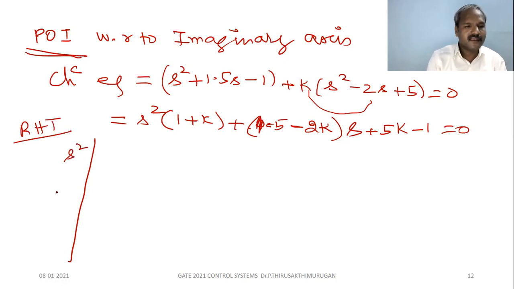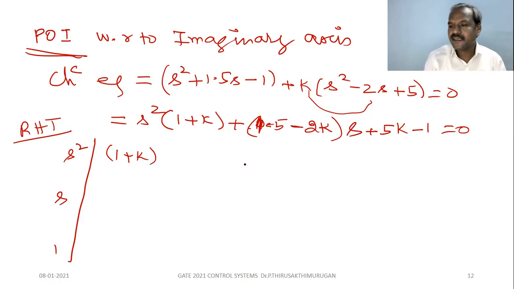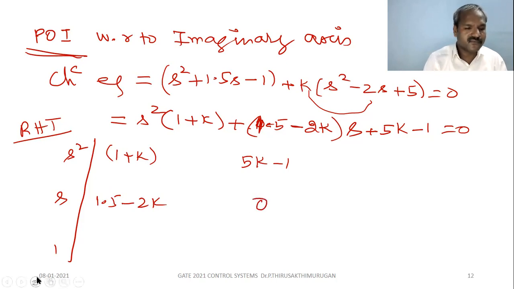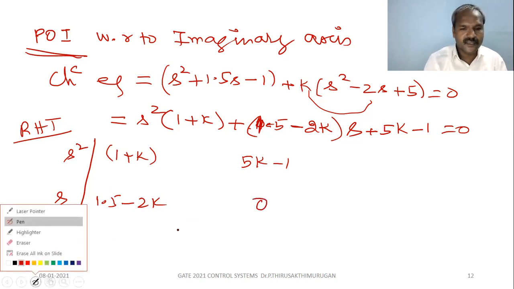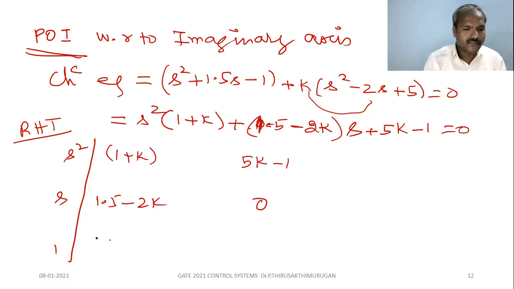So s square, then 1; s square, 1. Please do it, please simplify. 1 plus k, here is 5k minus 1. Here is 1.5 minus 2k. Here is 0. What is the condition for a row of 0 to get marginal stability?